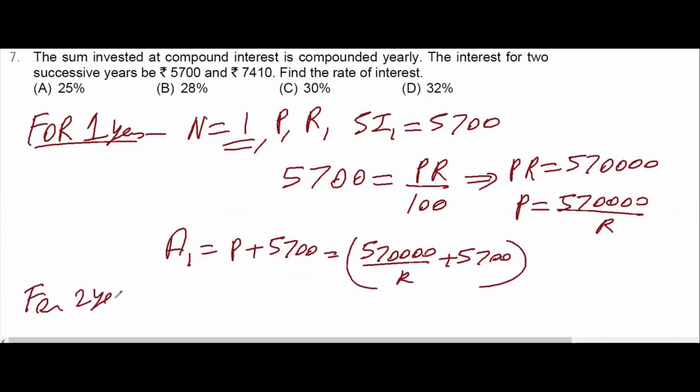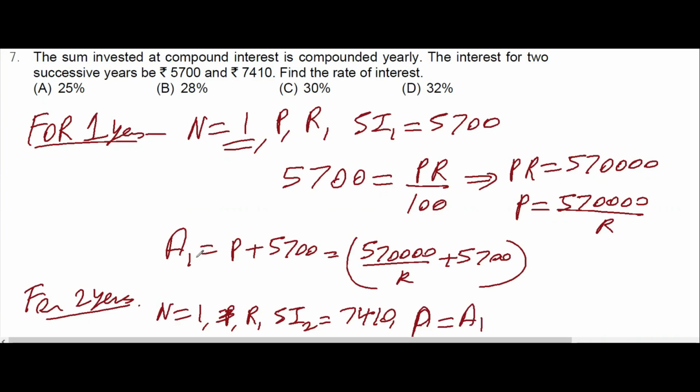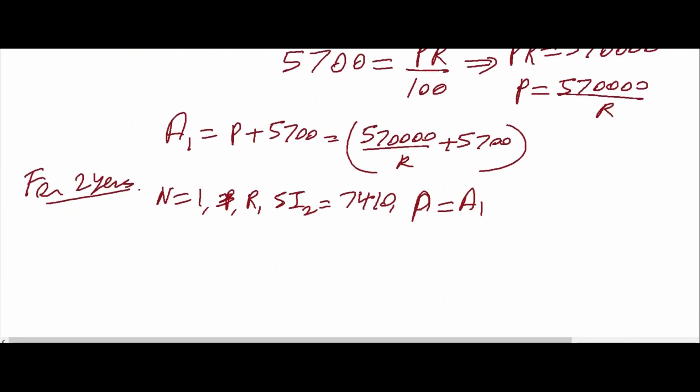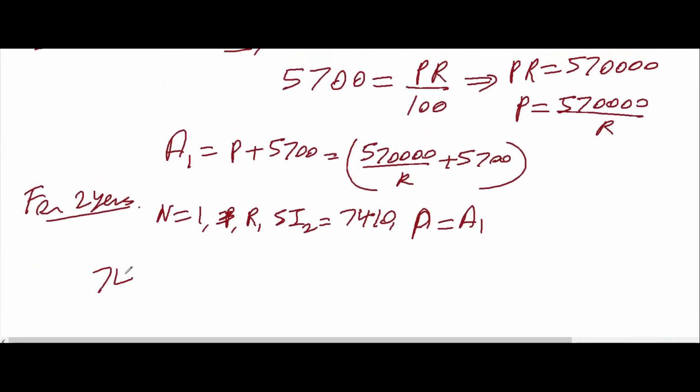Now for 2 years, N will be 1, R will be as it is. Simple interest for the second year is given to me, that is 7410. And your principal, one minute, P will not be this P. P will be this A1, which is written here. Now you apply the formula of simple interest: 7410, simple interest 2, is equal to PRT upon 100.